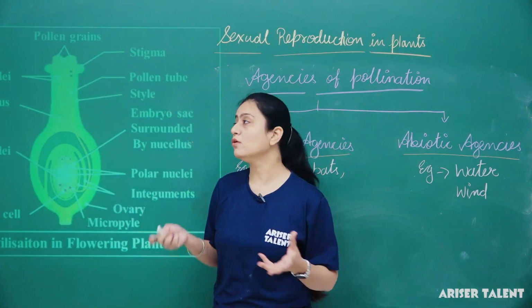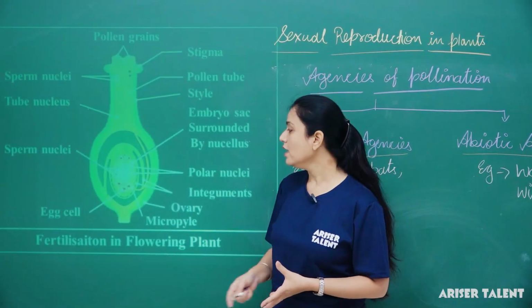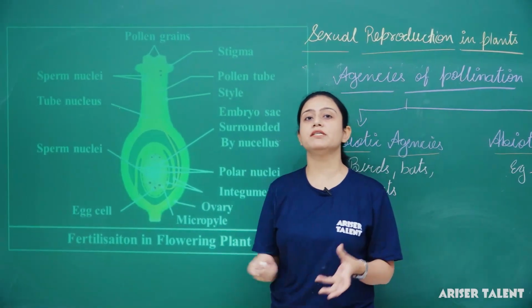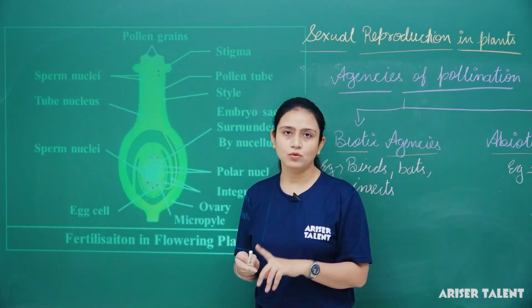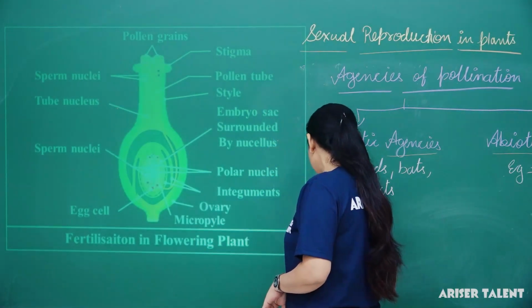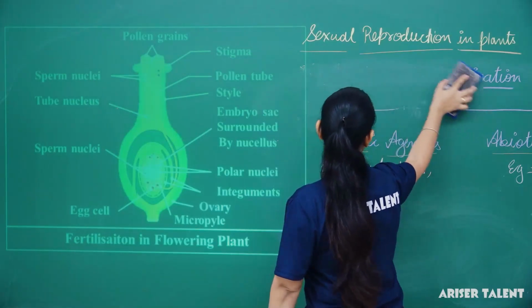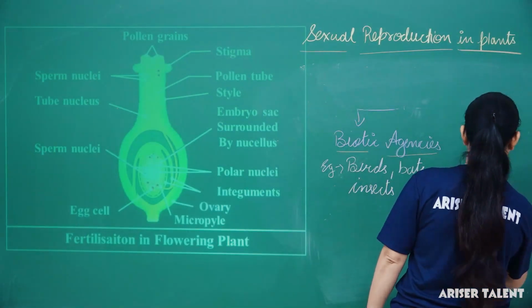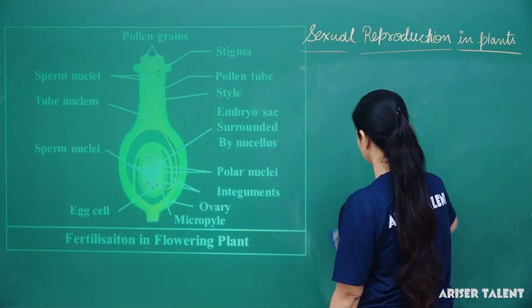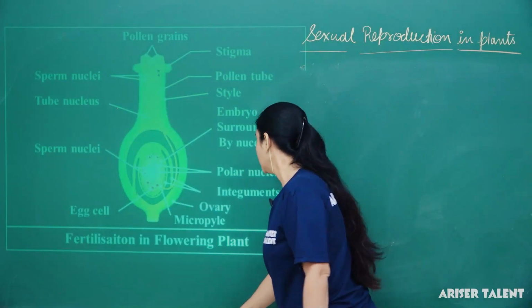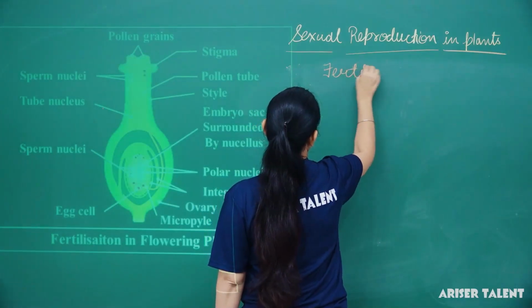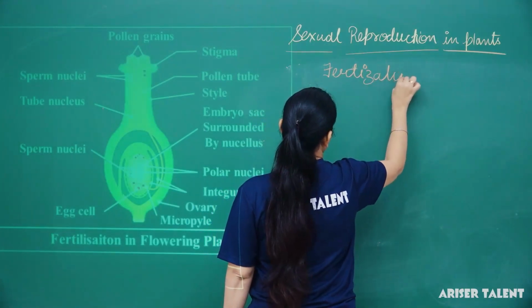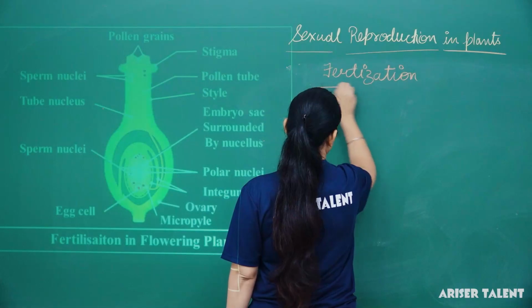Now we will talk about fertilization. Here we can see the fertilization. Fertilization means the fusion of male and female gamete to form a new organism. Okay, next topic is fertilization. What is fertilization?